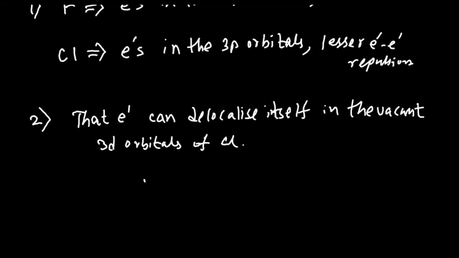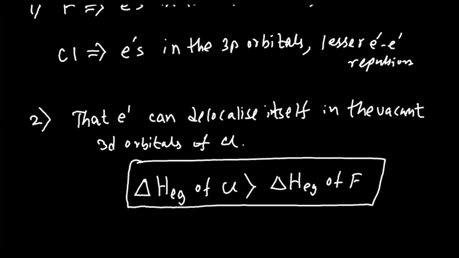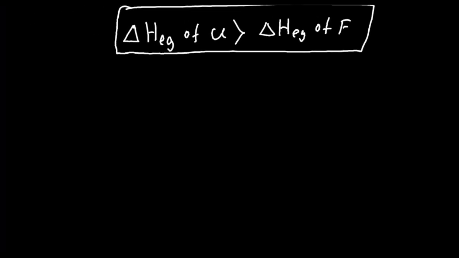So as a result, we can say that delta HEG of chlorine is greater than delta HEG of fluorine. Okay, that is the reason why electron gain enthalpy of chlorine is higher as compared to that of fluorine. Okay, I hope you understand this, right?